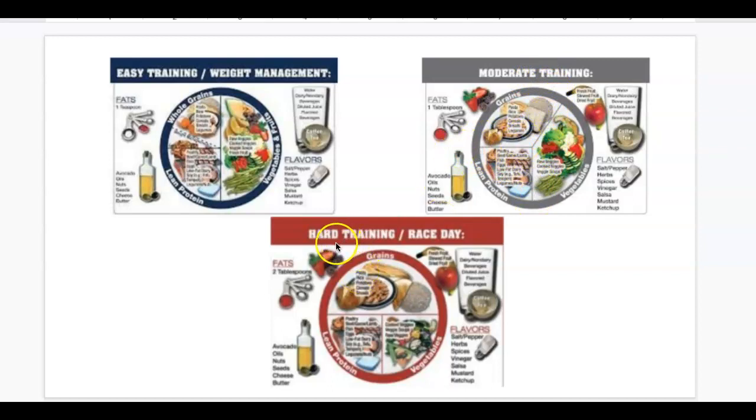Finally, for a hard training or competition day, half of the plate is going to be grains plus fruit. A fourth of the plate is going to be vegetables, as well as lean protein. So one of the big takeaways here is that protein requirements for athletes are pretty stable.